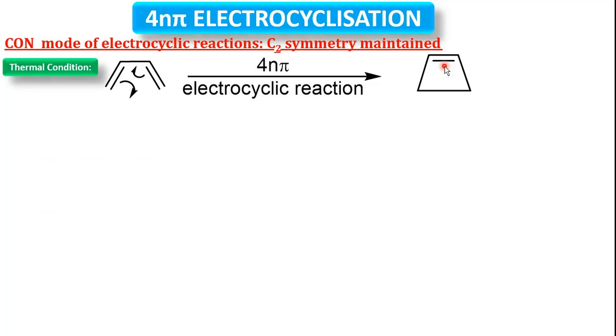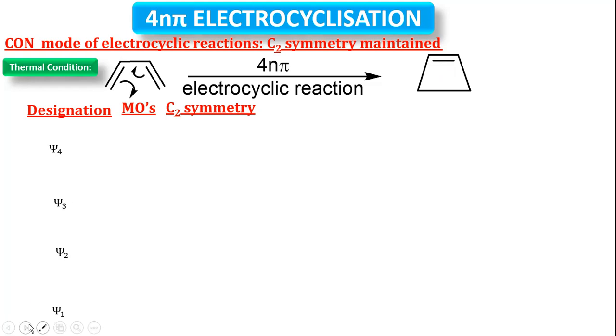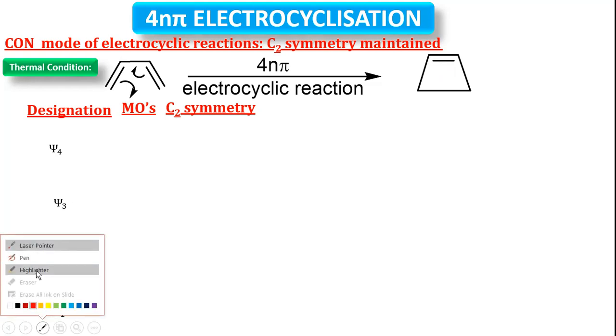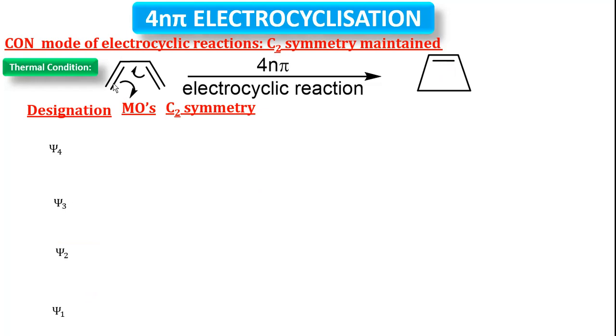So let's see the thermal condition. The molecular orbitals we are classifying with respect to C2 symmetry, and the designations are psi1, psi2, psi3, psi4. Here 1,3-butadiene has 4 carbons.